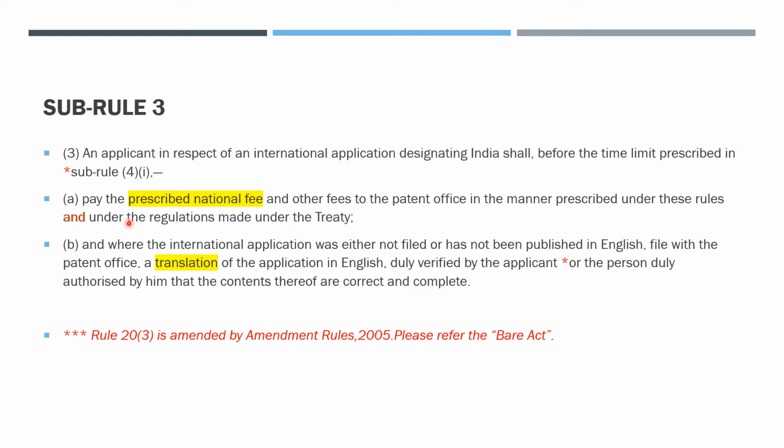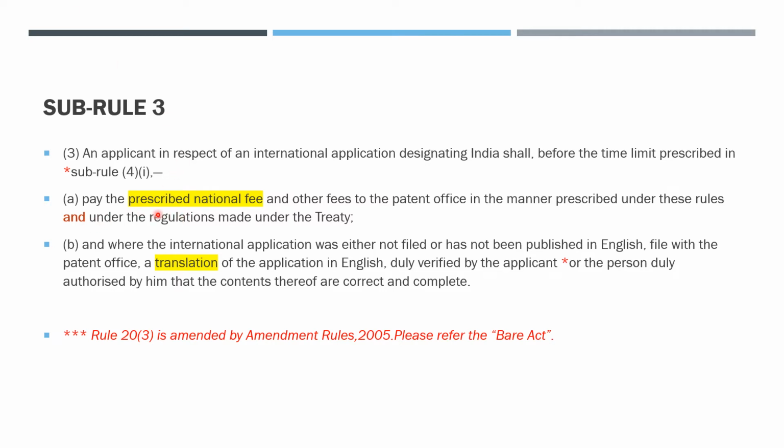And B says, and where the international application was either not filed or has not been published in English, file with the Patent Office a translation of the application in English duly verified by the applicant or the person duly authorized by him that the contents thereof are correct and complete. Fine.